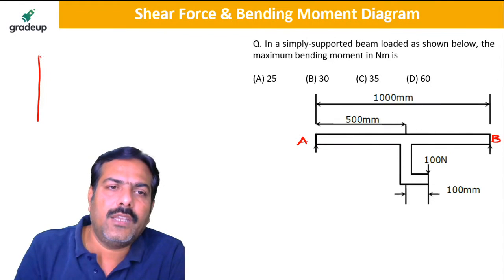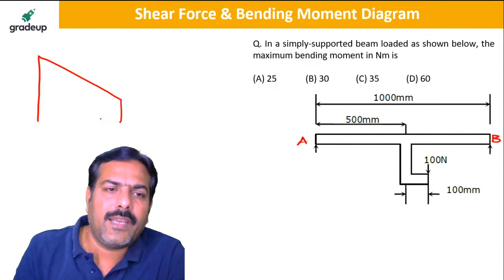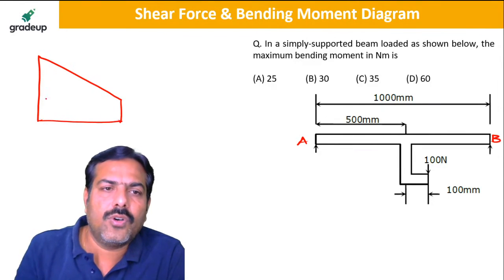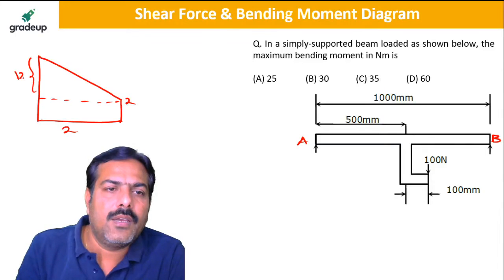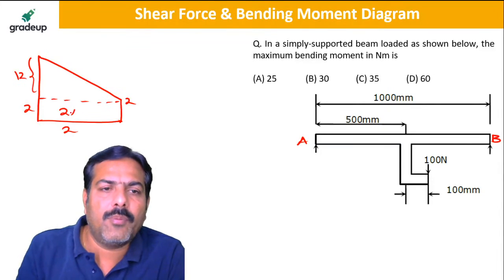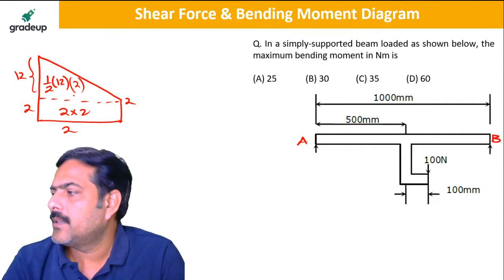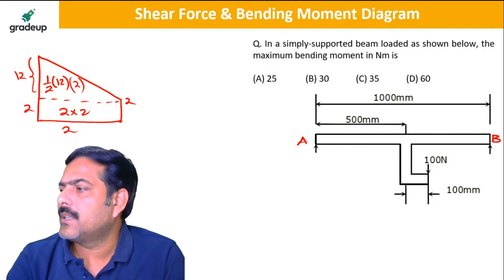So this is 14, this is 2, this distance is 2, this is 12, and this is 2. So this will become 2 into 2, and this will become half into 12 into 2. You take it like this because the distances are different.